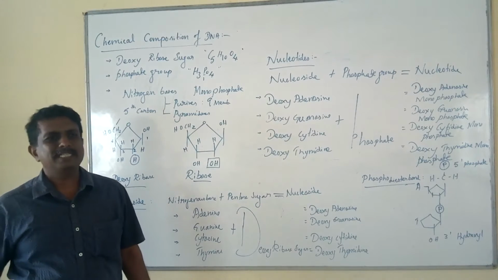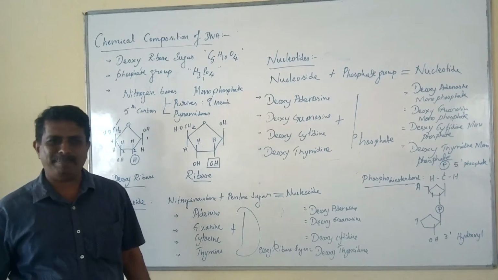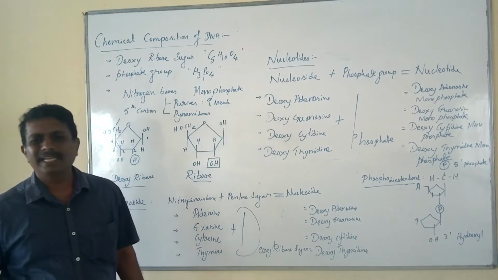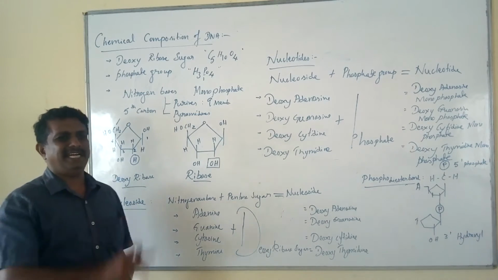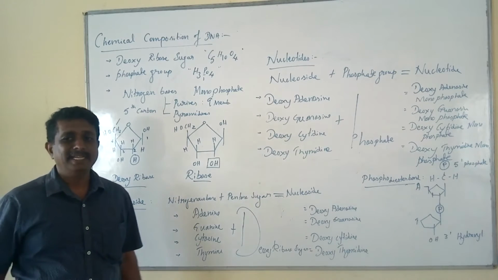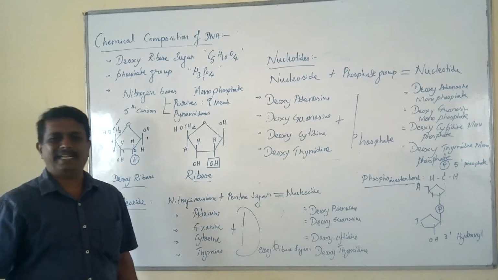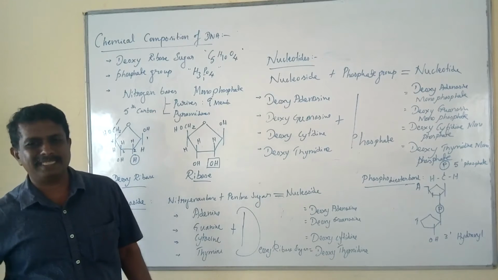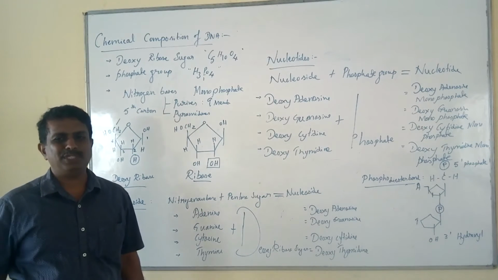The second important type of nitrogenous base is called pyrimidines. Pyrimidines are small six-membered compounds. They are single ringed compounds with nitrogenous bases only at the first and third positions.